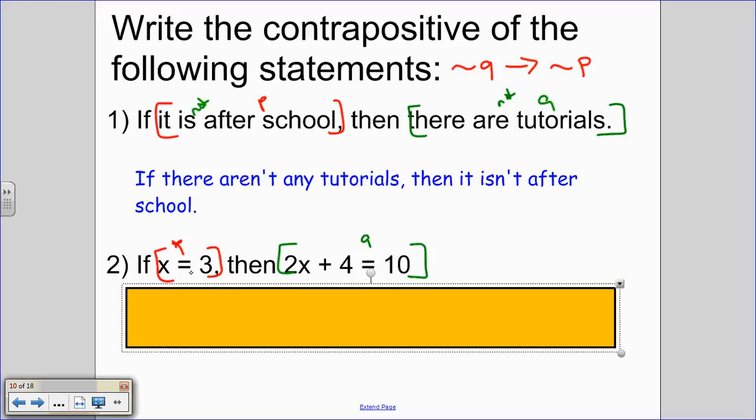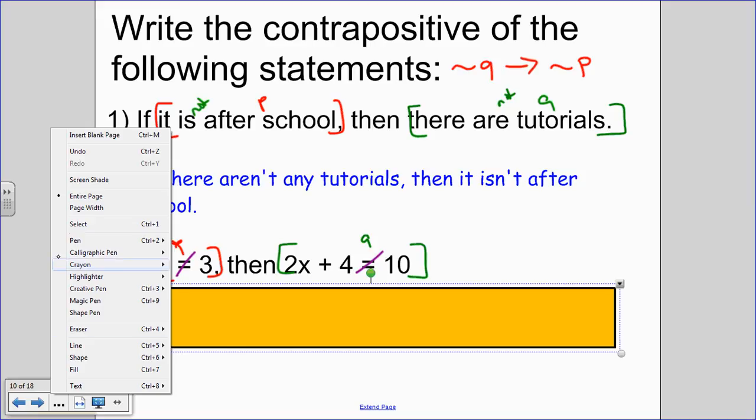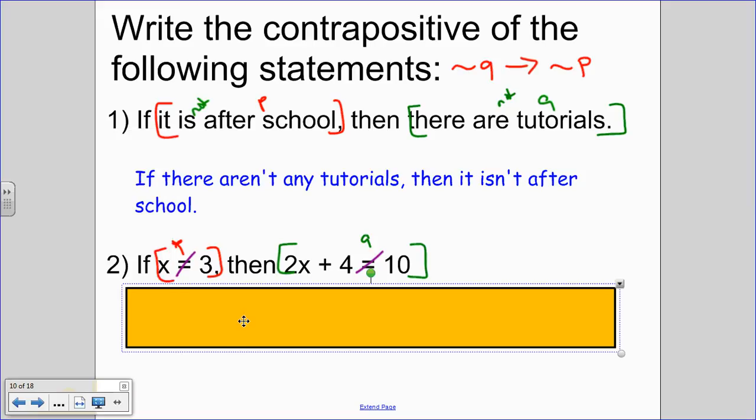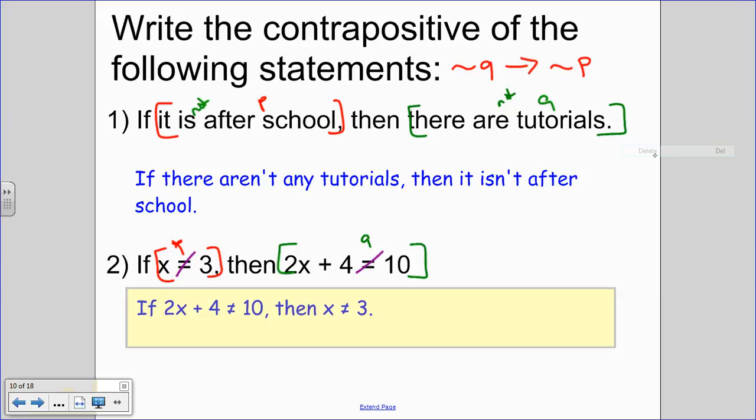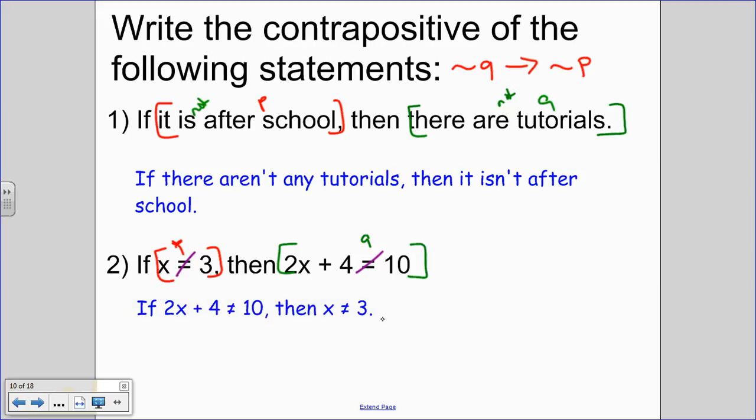So if I have to add not, I could say x does not equal 3 in words, or in symbols, you simply just slash the equal sign to mean not equal. And I would need to do the same thing with Q, slash it. When I slash it, it means not equal. And then you have to switch the order, have Q come first. So it would read, if 2x plus 4 does not equal 10, then x does not equal 3.